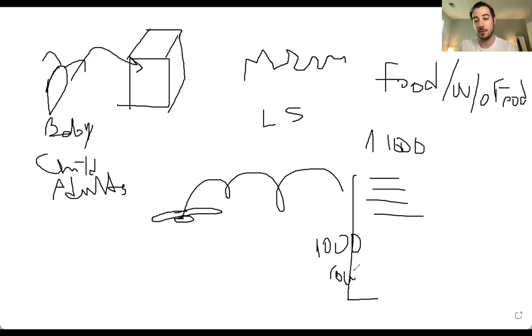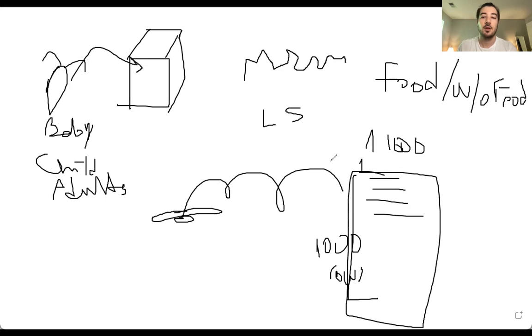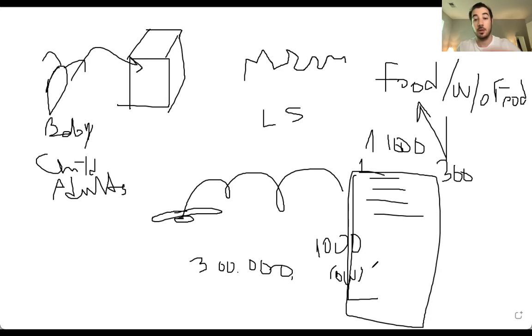So for one plankton, I have 1000 rows of data. And for each case, I tested 300 planktons. So it makes 300,000 data points, 300,000 rows.